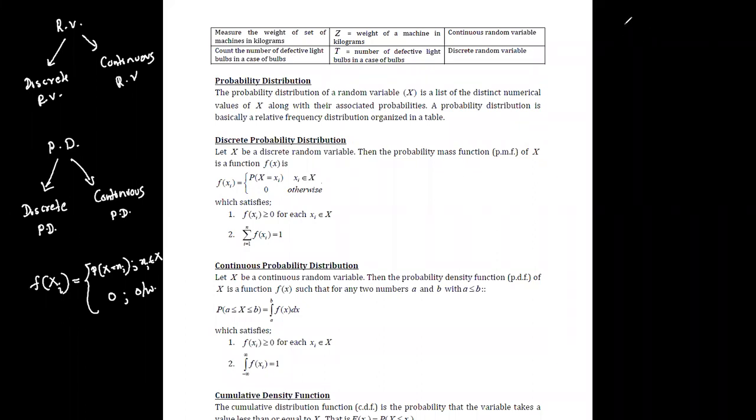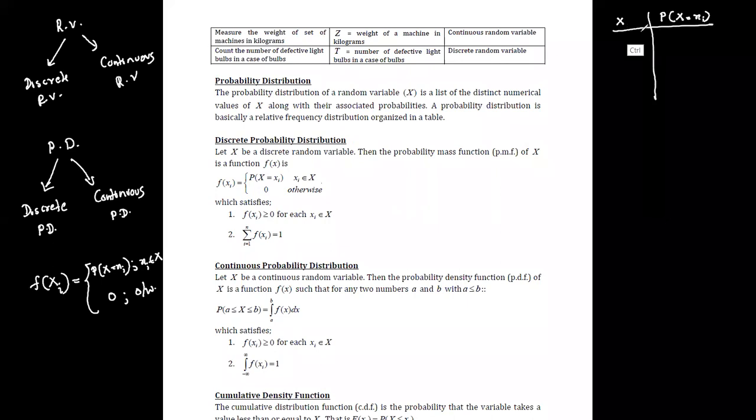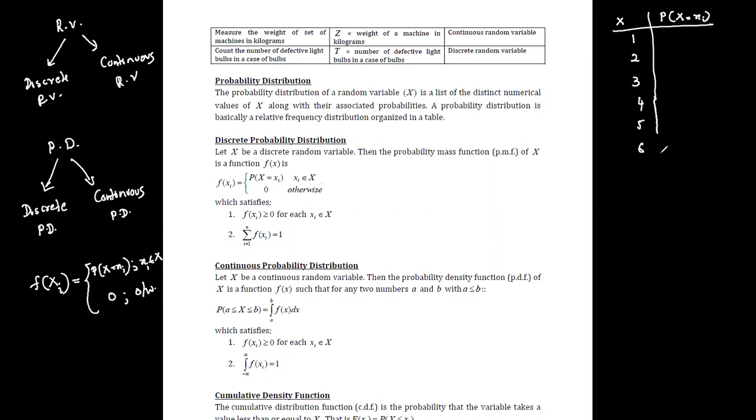Now think about the previous example which I have taken, rolling a die and noting down the number on the surface. If this is the random variable x, the possible values are 1, 2, 3, 4, 5, and 6. Now we have identified the probabilities.